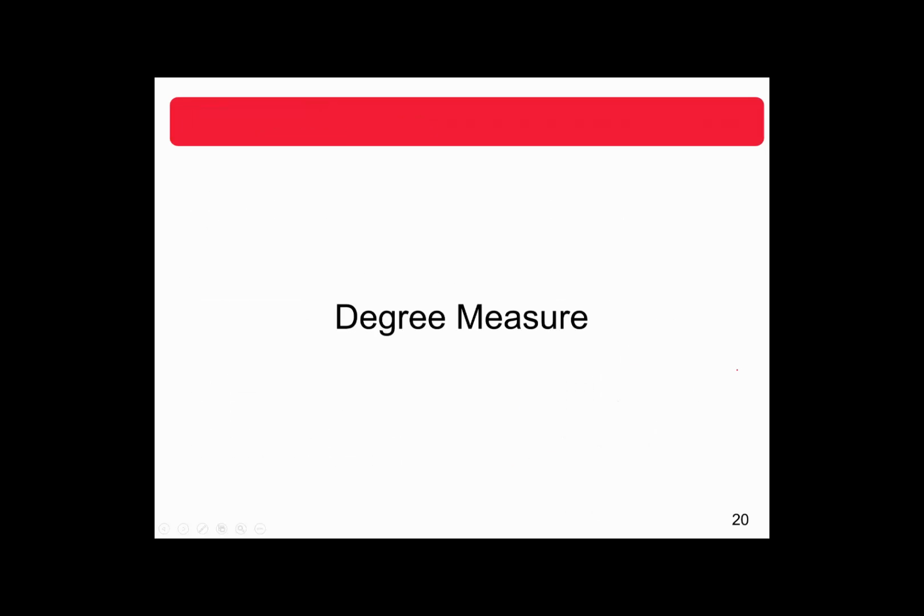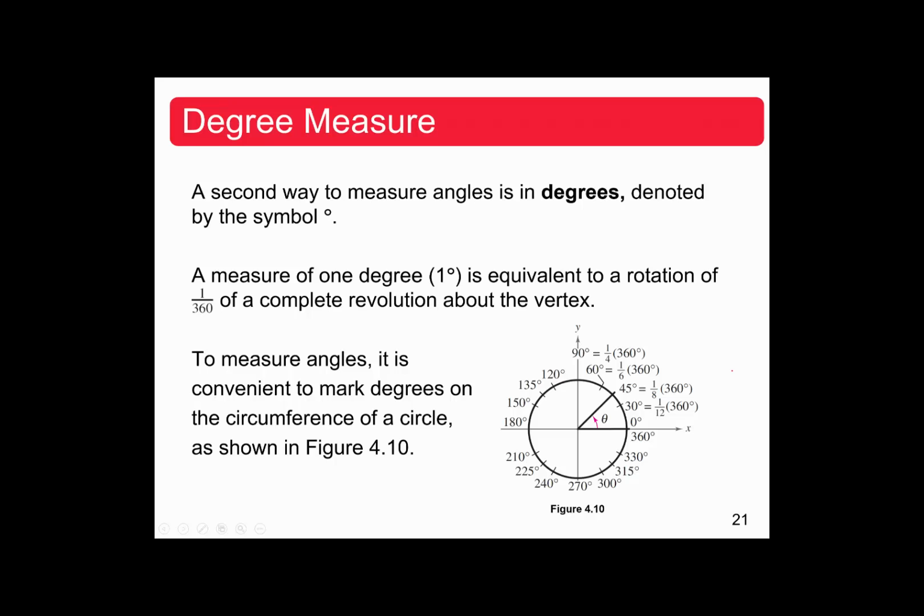So now let's take a look at the degree measurement in more detail. A second way to measure the angle is degrees, denoted by the degree symbol. 1 degree is equivalent to a rotation of 1/360 of a complete revolution about the vertex. So these are the typical popular angles.